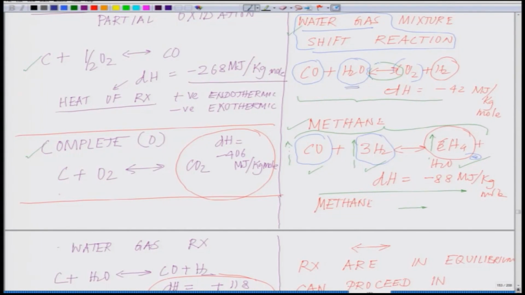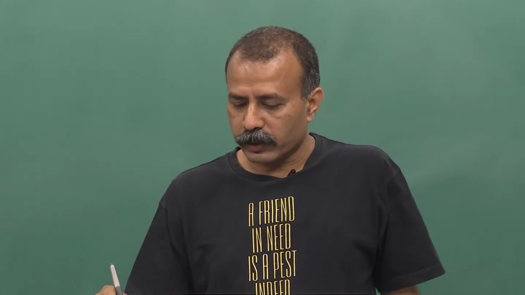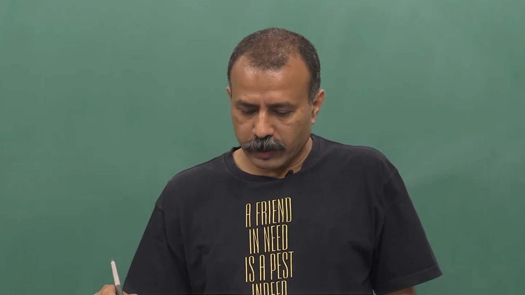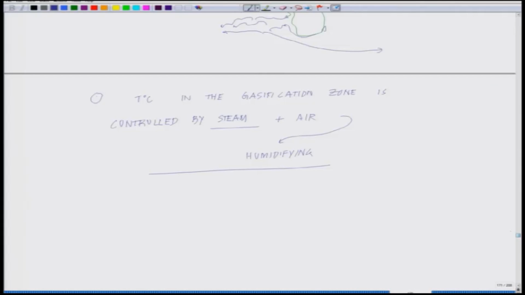You can really put the steam in order to control the temperature, because the steam has a much higher temperature. So, coming back to the points, what I was trying to highlight is that the temperature in the gasification zone is controlled by steam plus air, thus humidifying the air. This is how you are controlling the temperature.